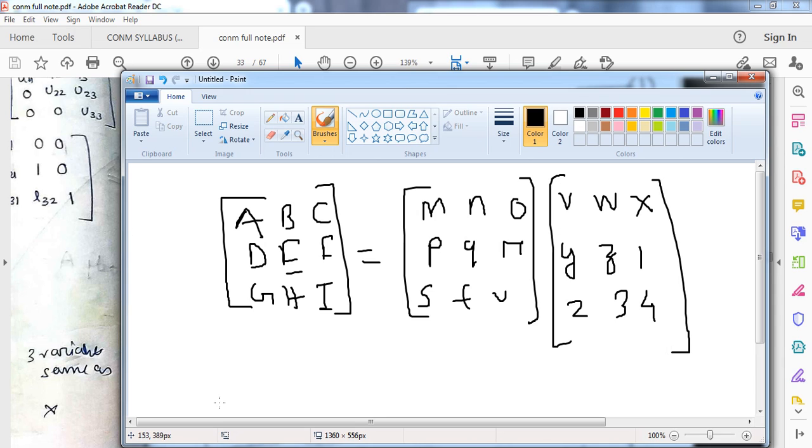Now suppose you do this. Now how to find out D? How to find out D?